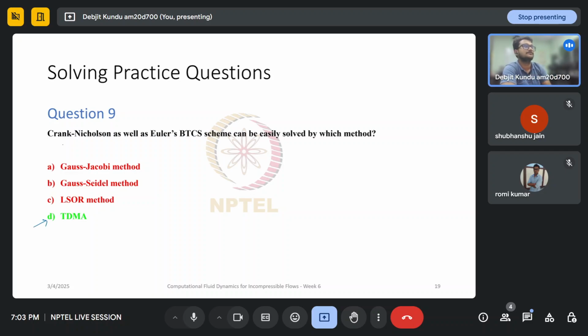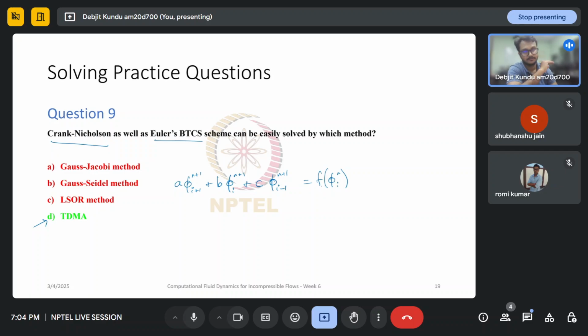So as it turns out, for both Crank-Nicholson as well as backward in time central in space, you get a tridiagonal matrix. So basically, your equation takes the form A phi i plus 1 plus B phi i plus C phi i minus 1, and these are all at n plus 1, and equals either exactly phi i n or some function of it.